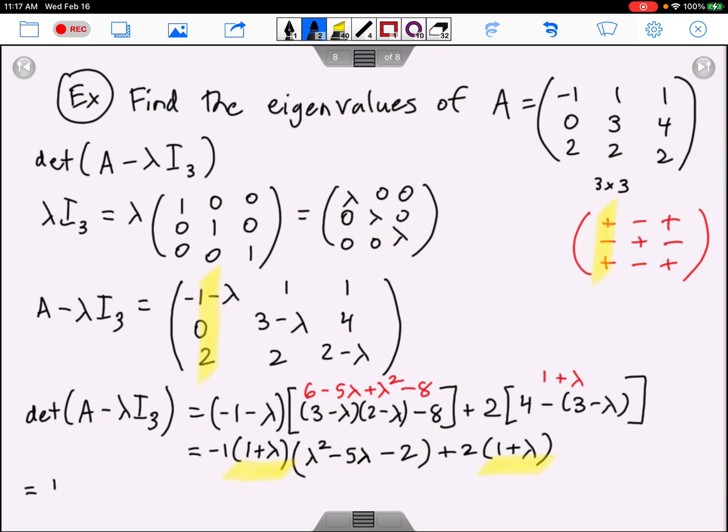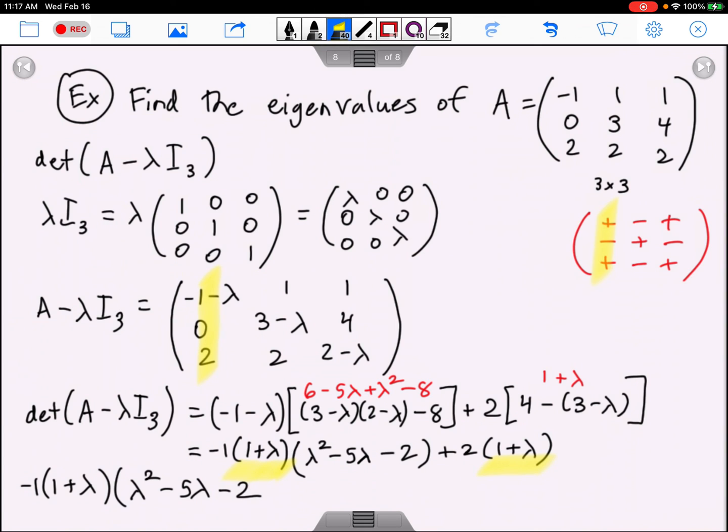So if I factor the 1 plus lambda out, what do I have left? I'm also going to factor, by the way, a -1 just because I have a -1 on the first guy. So if I pull a -1 out as well, what's left? I have lambda squared minus 5 lambda minus 2.